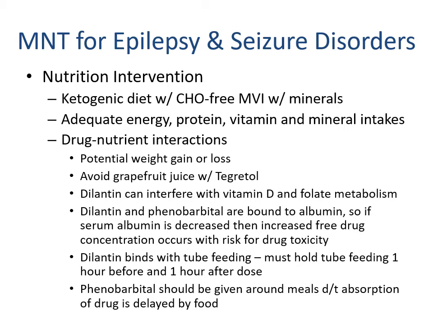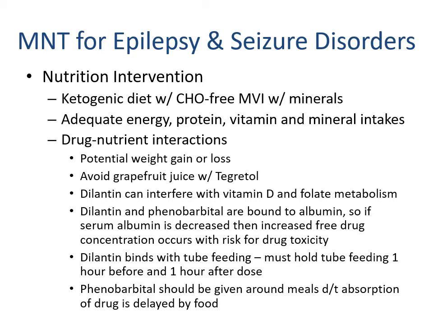Dilantin can interfere with vitamin D and folate metabolism, and Dilantin and phenobarbital are bound to albumin, so if serum albumin is decreased, then there will be increased free drug concentration, putting the patient at risk for drug toxicity. Similar to our previous discussion on metabolic stress, Dilantin will bind with tube feeding, so if the patient is on Dilantin as well as a tube feed, the tube feed needs to be held 1 hour before and 1 hour after they receive the dose of Dilantin.